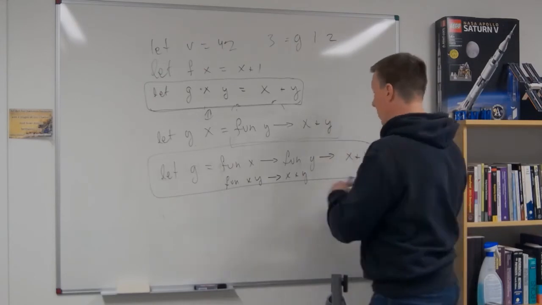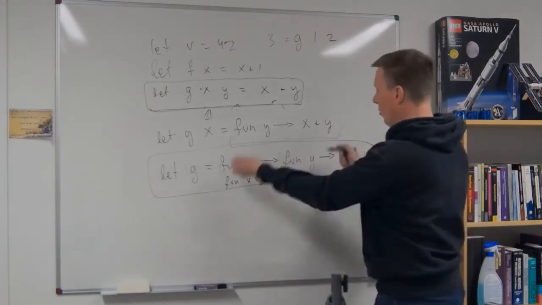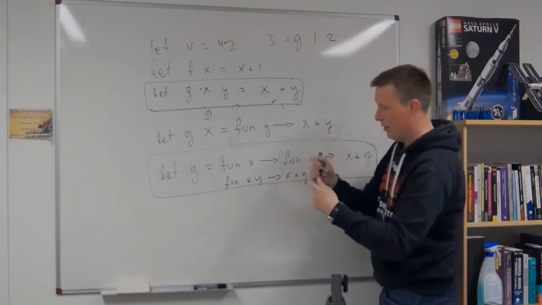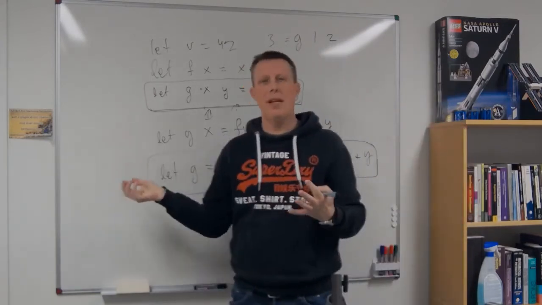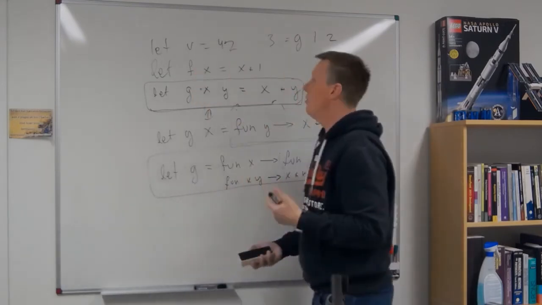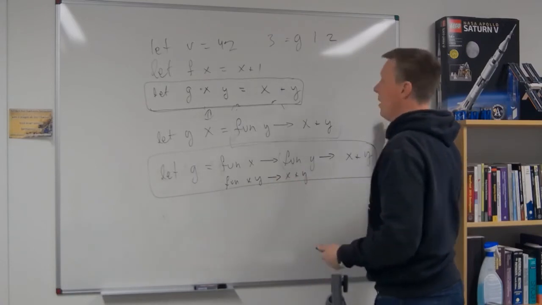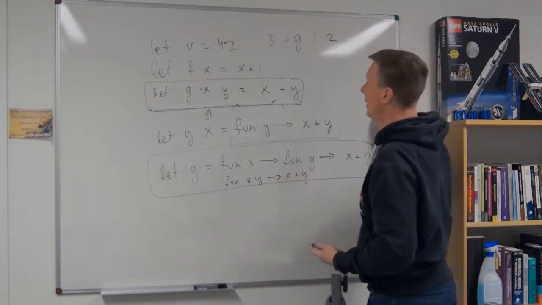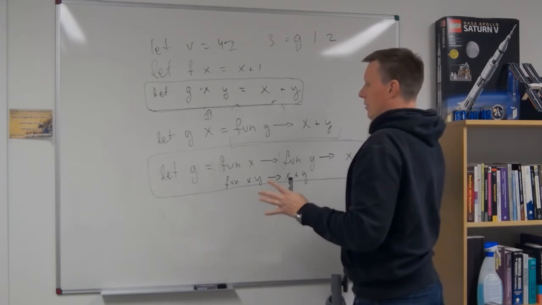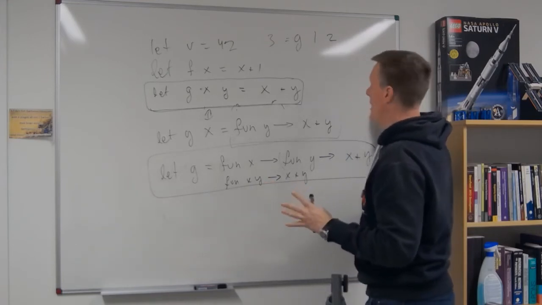It sort of makes your head explode before you get used to it. But once you get used to it, you don't even think about it. This becomes second nature as you become functional programmers. So that was about partial application.